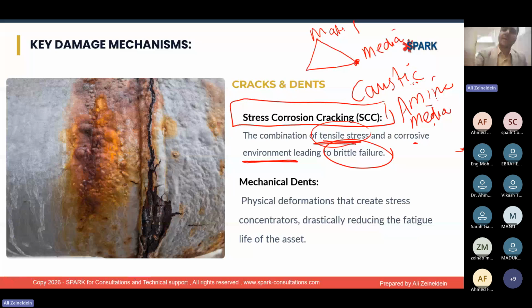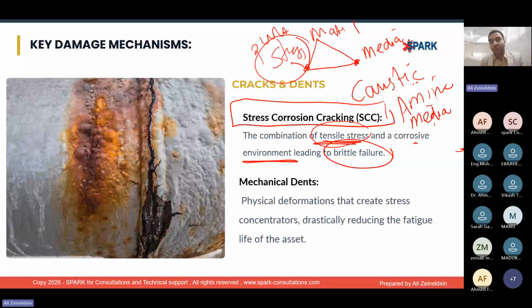The source of these stresses is the residual stresses from the welding itself, unless post-weld heat treatment is applied to stress relieve them and break this triangle to avoid stress corrosion cracking. One of the most popular cases is caustic media and amine media. Finally, this will clearly appear in the weld area and heat affected zone.